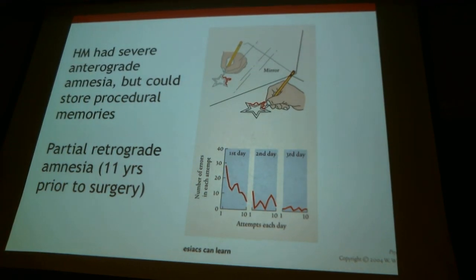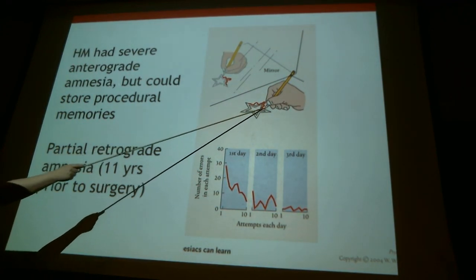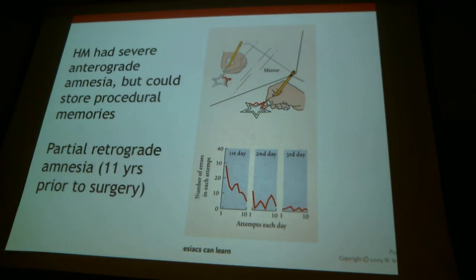The experimenter would come in and give him a sheet, and the task was to trace the shape, in this case a little star, only using the mirror in front of him. There was a screen, so he couldn't see his own hand directly, he could only see a mirror image.